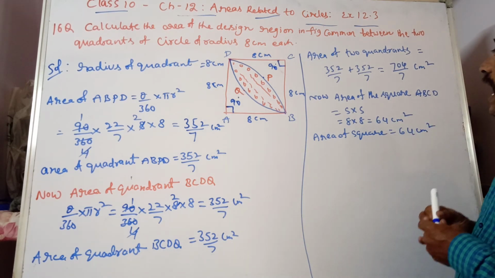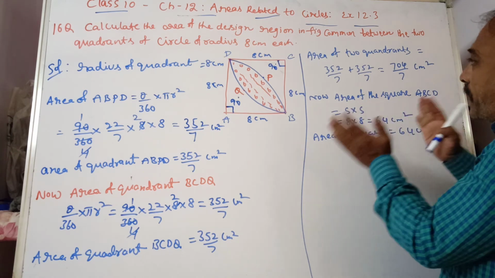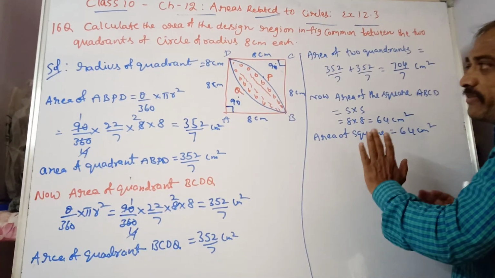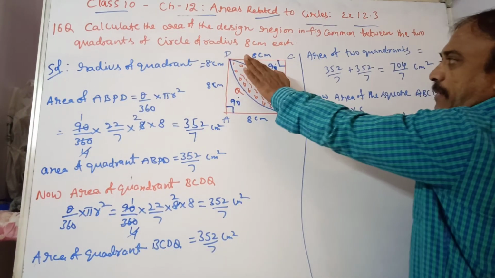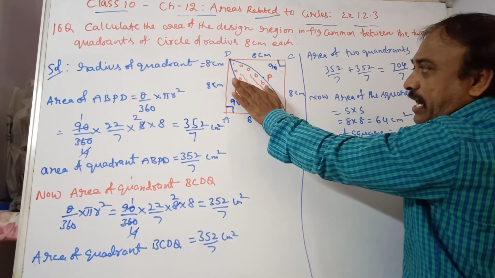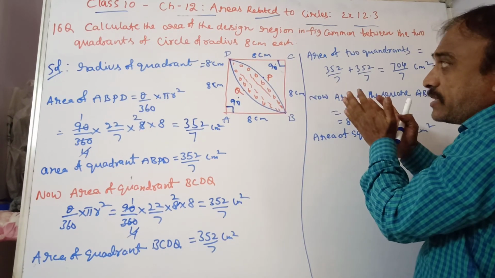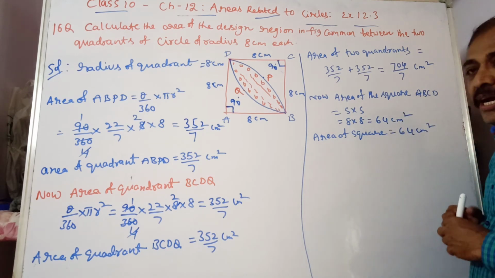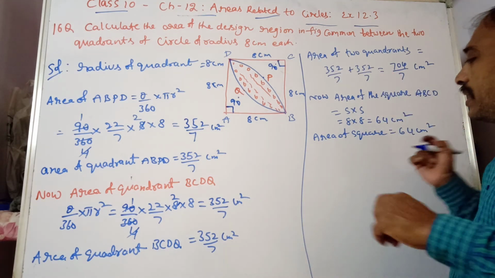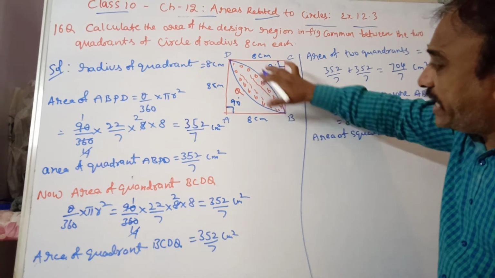Now after finding area of the square, subtract from both the quadrants. You observe it clearly. This quadrant is covering up to here, this quadrant is covering up to here. So from those two sums, if you subtract area of the square, then you will get area of the shaded region.